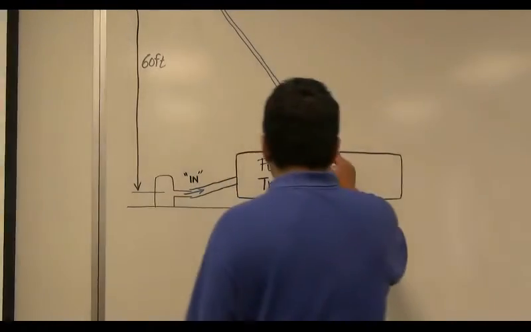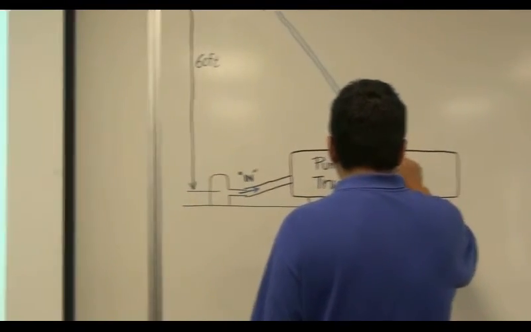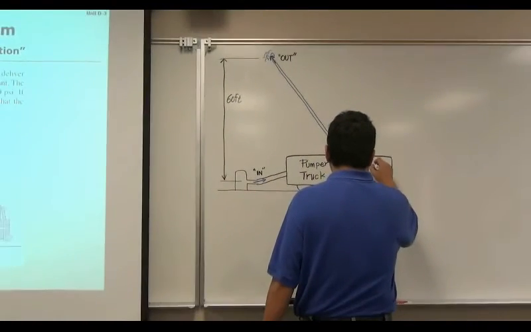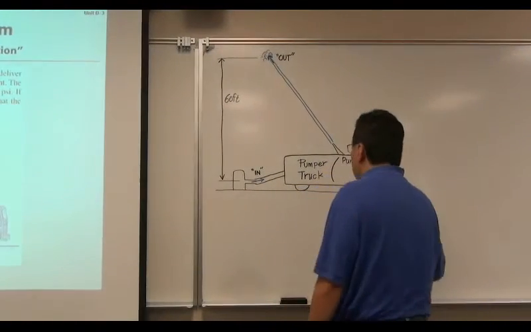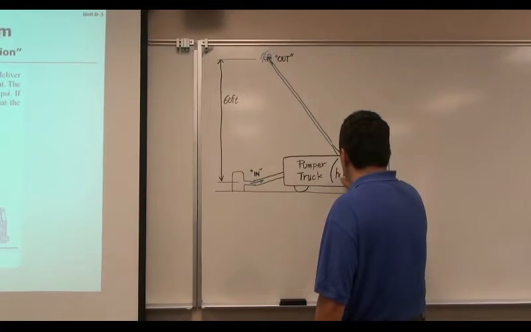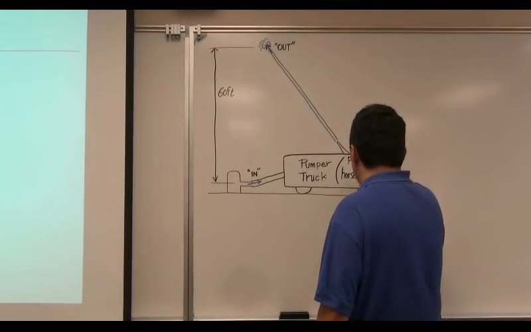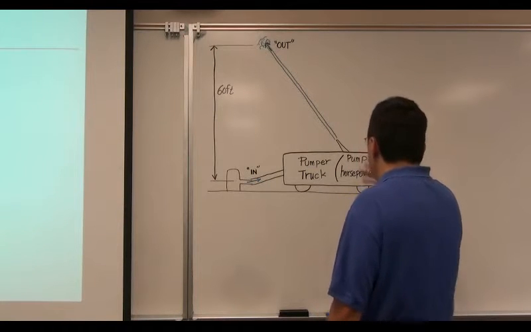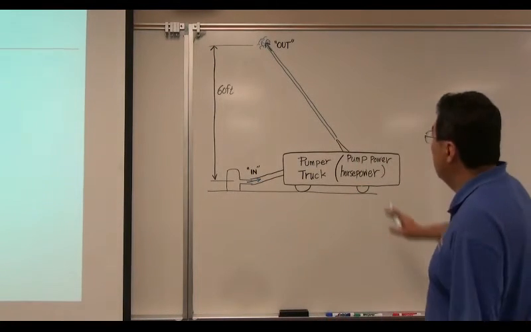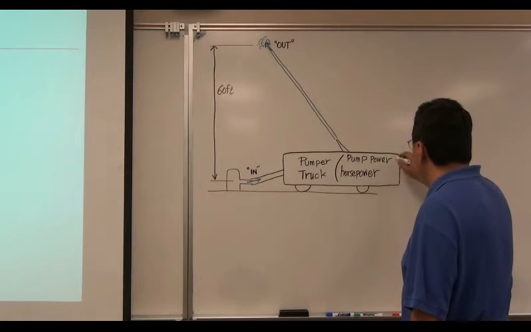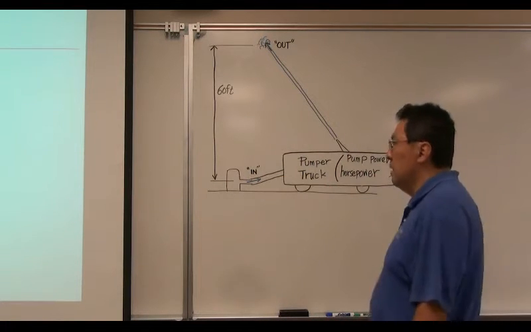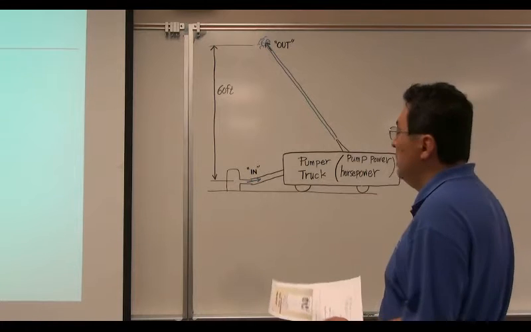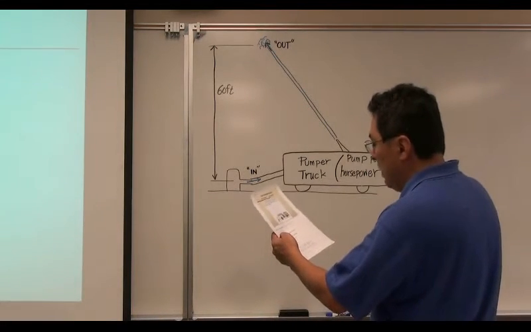Pump power, we want to find out in horsepower. So how much horsepower pump do you need to deliver the water 60 feet above this fire hydrant? Okay? So obviously this is a pretty simple example application of the energy equation.